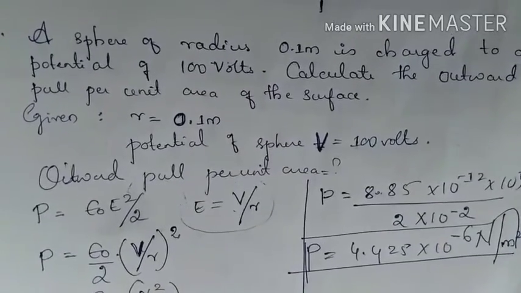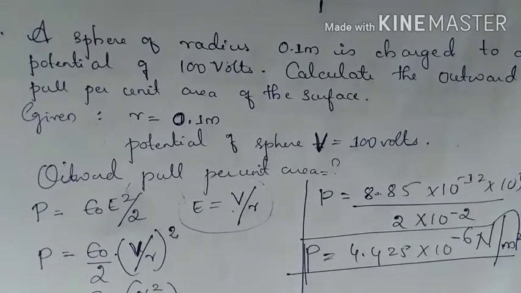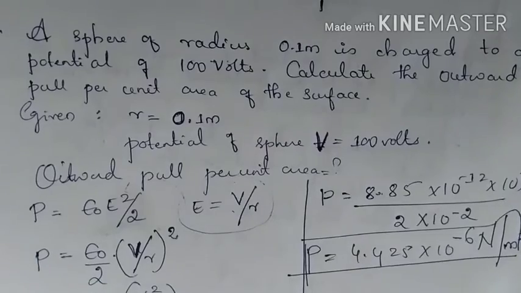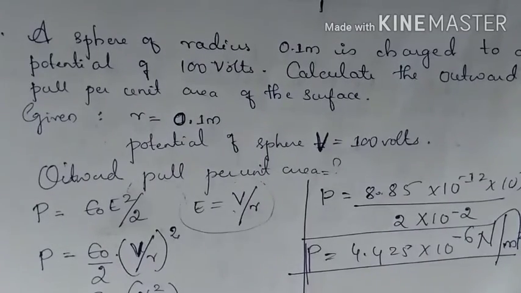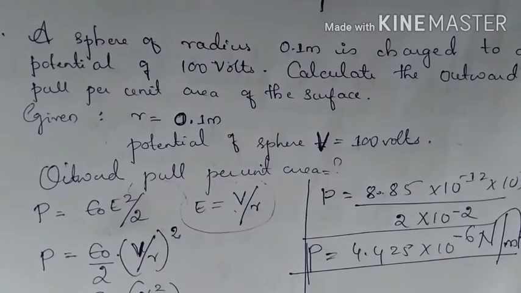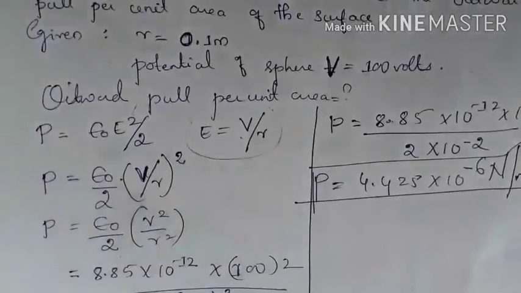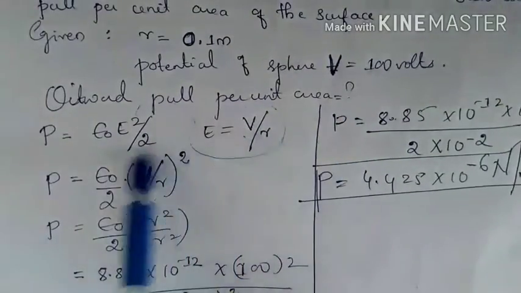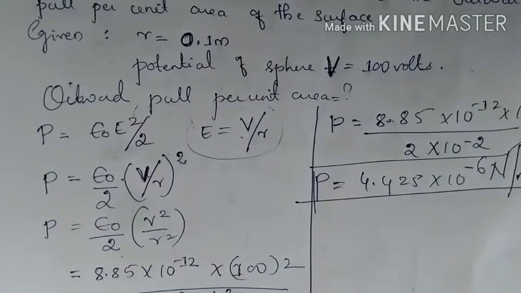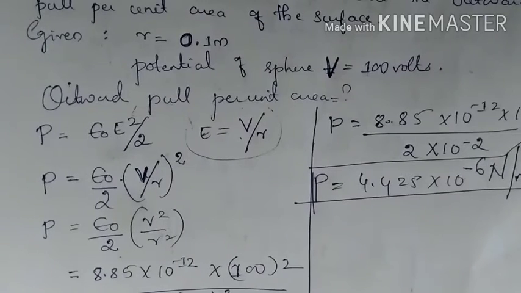A sphere of radius 0.1 meter is charged to a potential of 100 volts. Calculate the outward pull per unit area of the surface. So how do we solve this? We first took P is equal to epsilon naught E square by 2. Here we are given the value of V, so we should convert it to electric field in volt per meter.